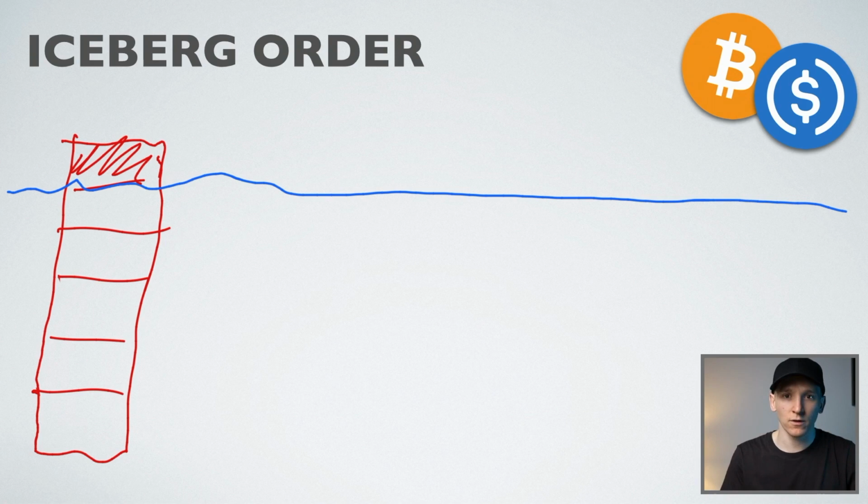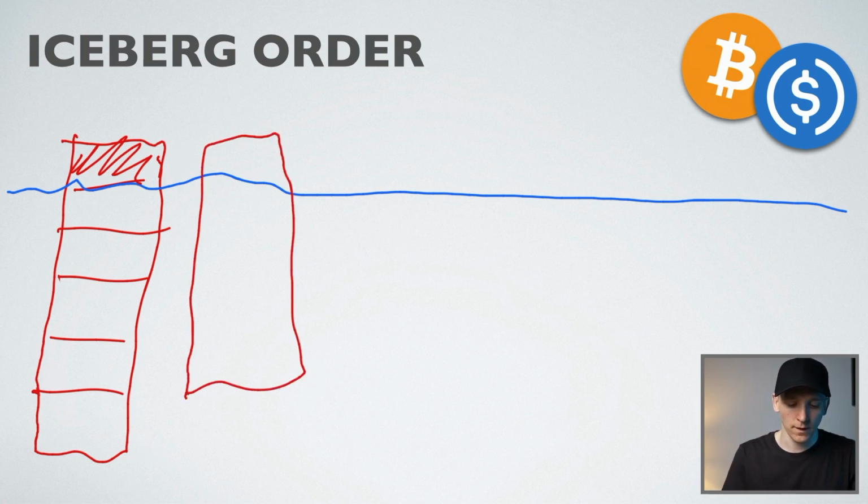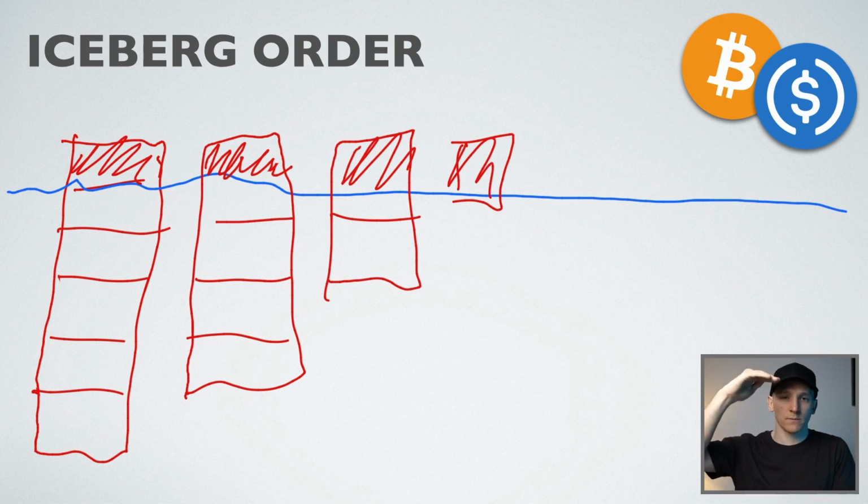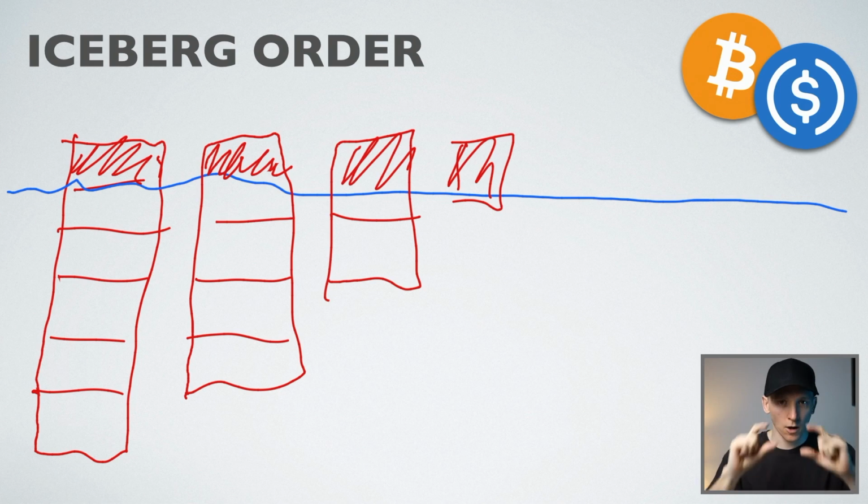Now what happens is that the iceberg order reloads, right? So we now show this much, and when that trades, we'll go even lower still, and we trade this much. Essentially we have a large order that we tell the system about, and we say we want to buy or sell this much, only show this much. So you can do that.